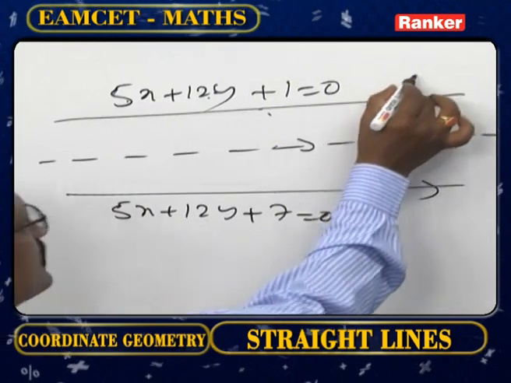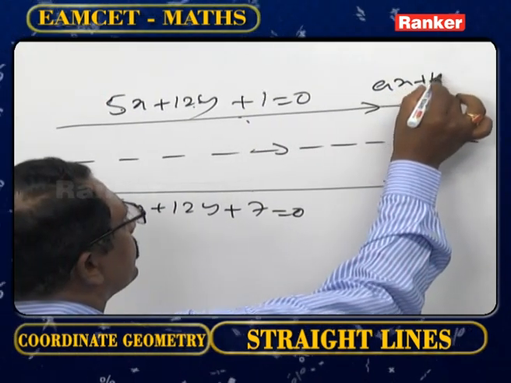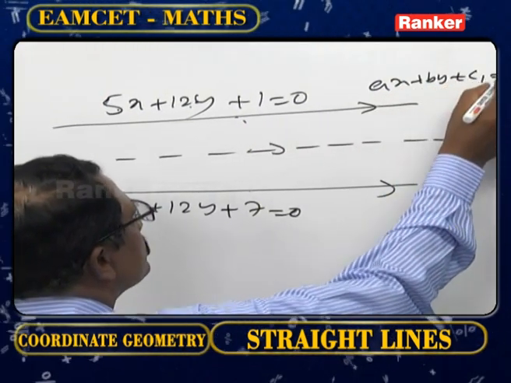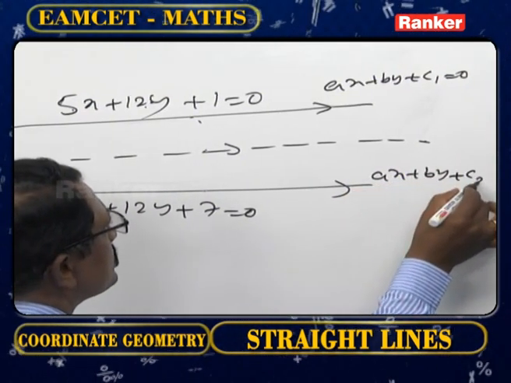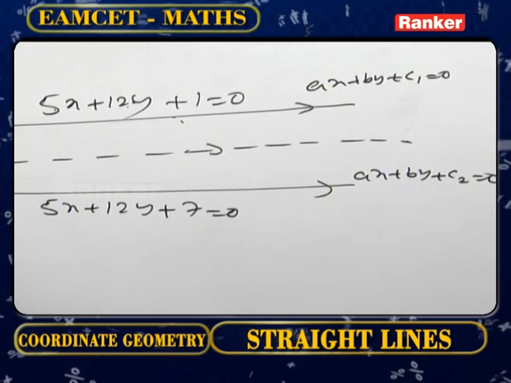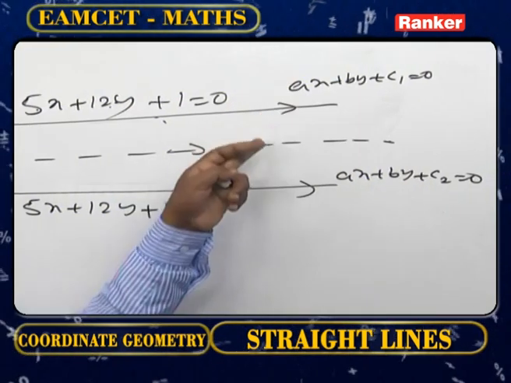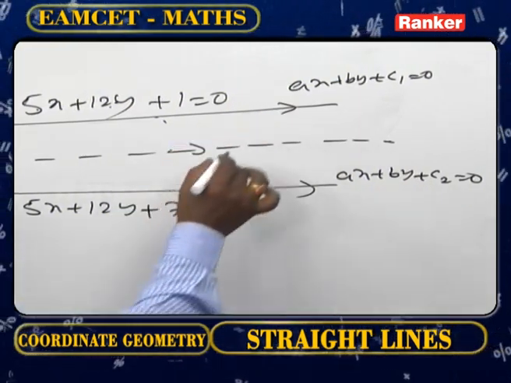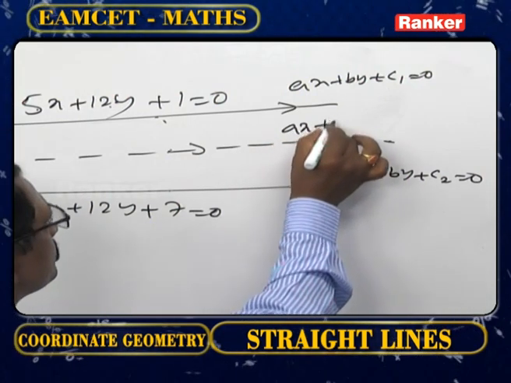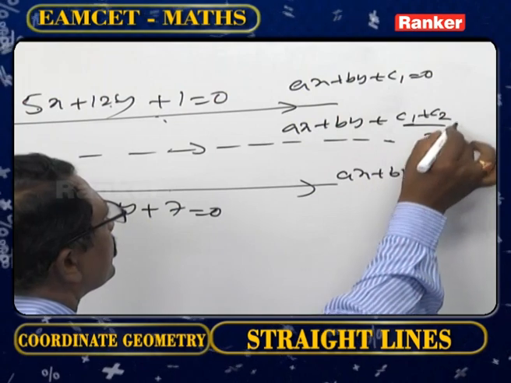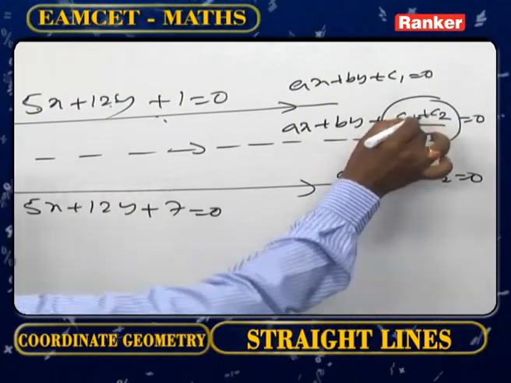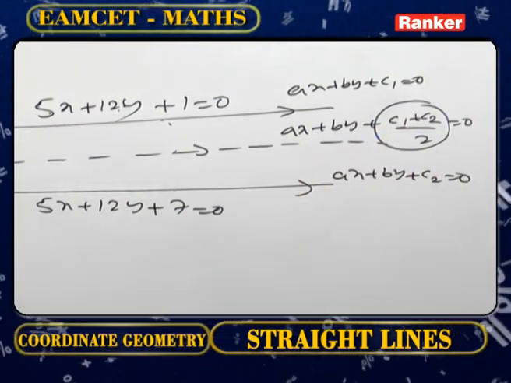Suppose the first line is ax + by + c1 = 0 and the second line is ax + by + c2 = 0. Then the equation of the line equidistant from these two lines and parallel to them is ax + by + (c1 + c2) by 2 = 0, just the average of the constants.